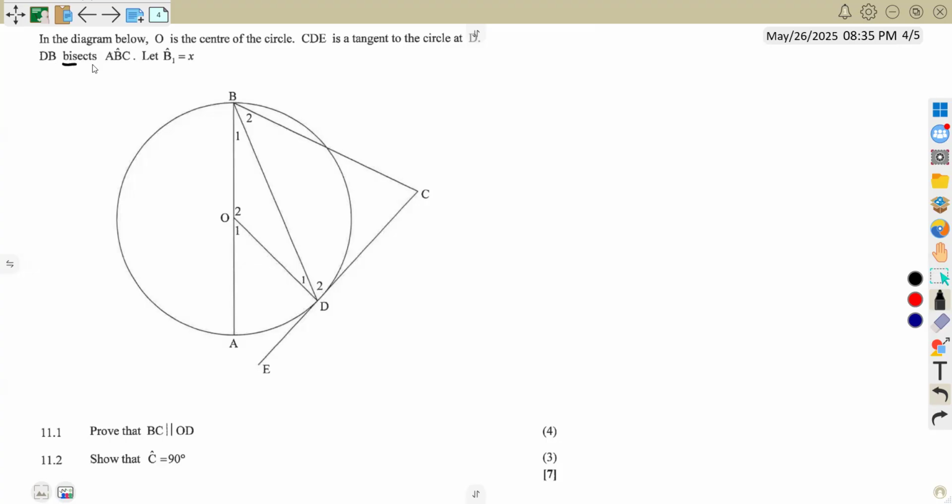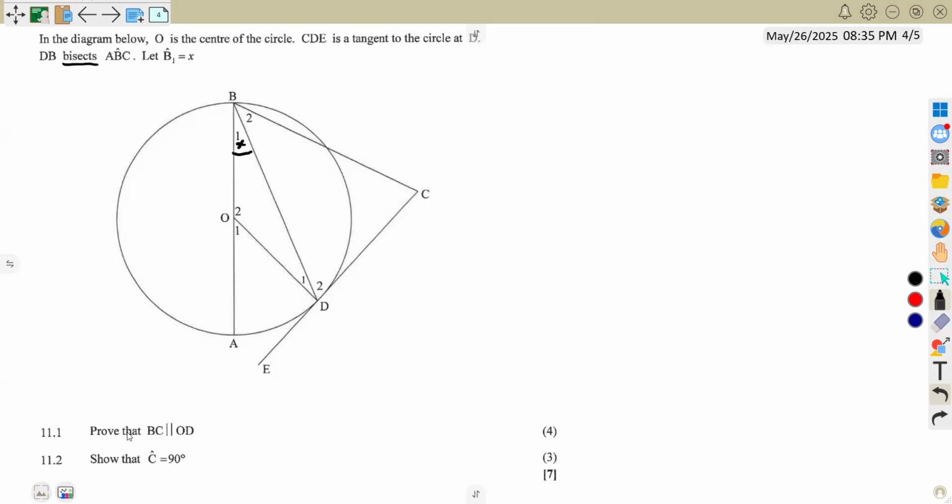Take note, if you are bisecting, it means you are dividing into two equal parts. So it means DB, this line, is dividing this angle ABC into two equal parts. Then they are saying let B1 be equal to X. So here is our B1.